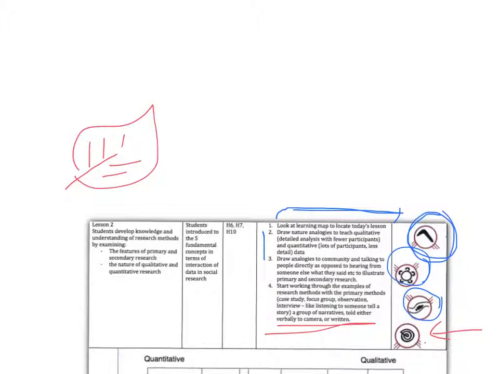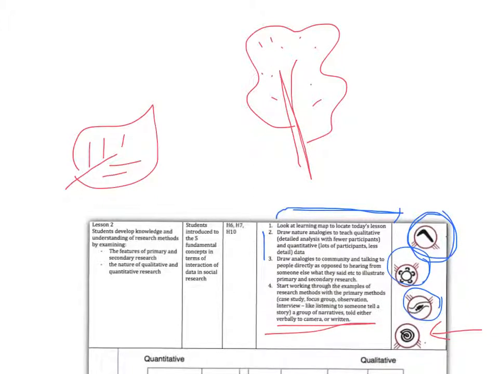If we're talking about qualitative analysis, we might be talking about looking at all the leaves on a tree, and the tree will have lots and lots of leaves, and we're not looking at each one in detail, we're looking at them all together as a group. That's qualitative analysis. So you can see that you're using nature analogies to illustrate the point.